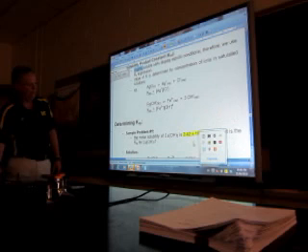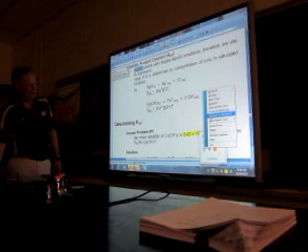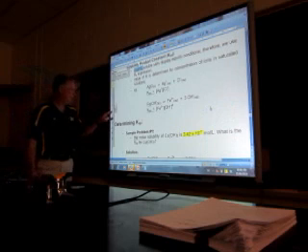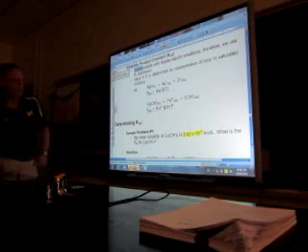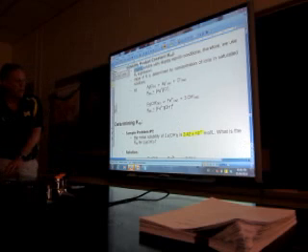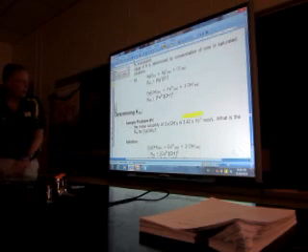The concentrations from 0.42 times 10 to the negative 7. All right, so we do the net ionic equation, and then we write the KSP expression. So we got that far, right?